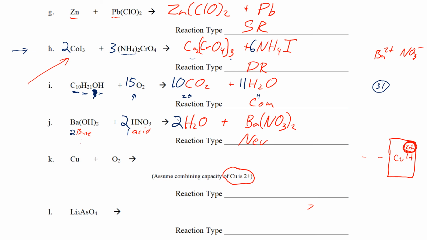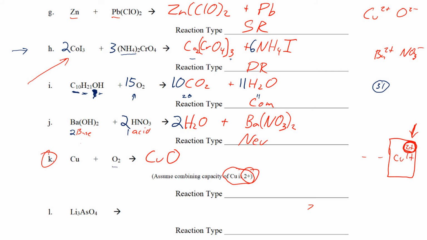Anyways, getting back to K, it says Cu is 2+, it gave us that, and if it didn't give us that, we would just assume that because that is the first one on the periodic table. And so it's going to be CuO. Cu 2+, O 2-, has a total charge of 0, so we just need 1 copper and 1 oxygen. Okay.